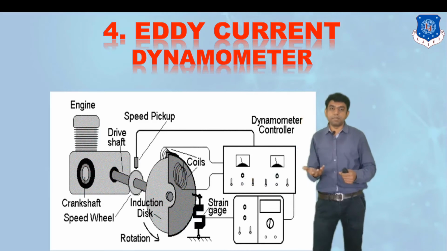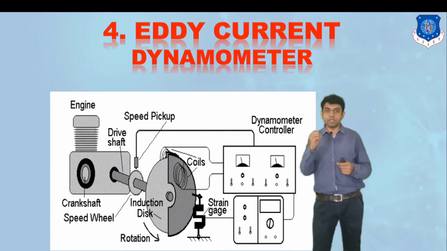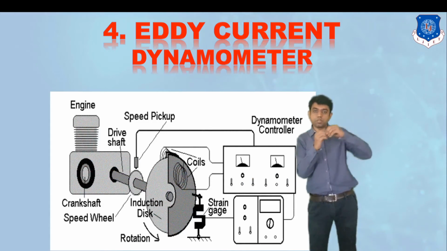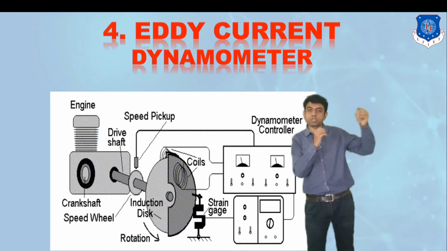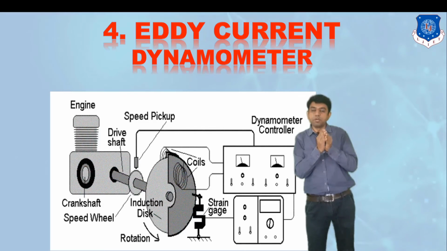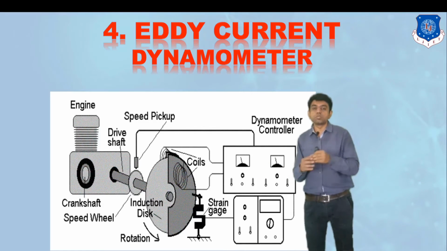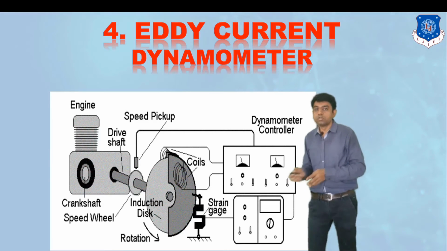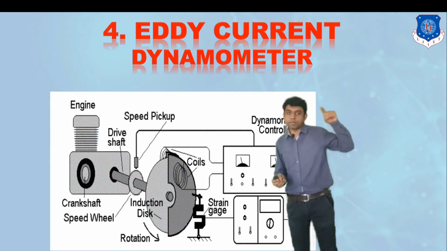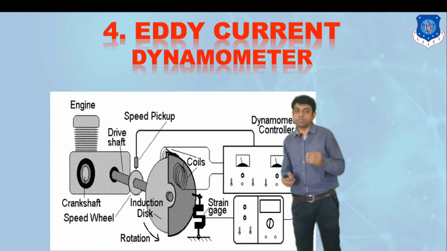So it is the same fundamental as the hydraulic dynamometer. In hydraulic, the motion from the rotor to the stator was transmitted with the help of a fluid medium. But in this, it is due to the production of the eddy current, because eddy currents are produced due to the cutting of that magnetic or electrical field.